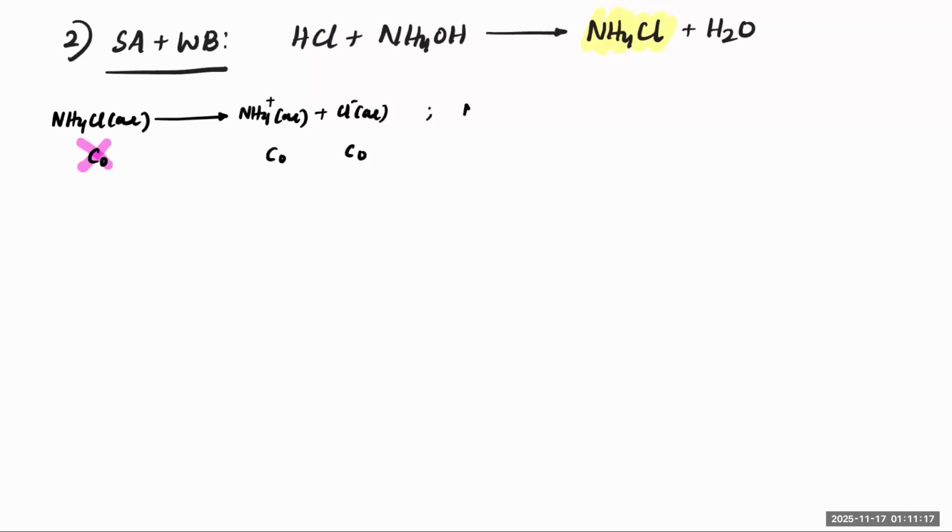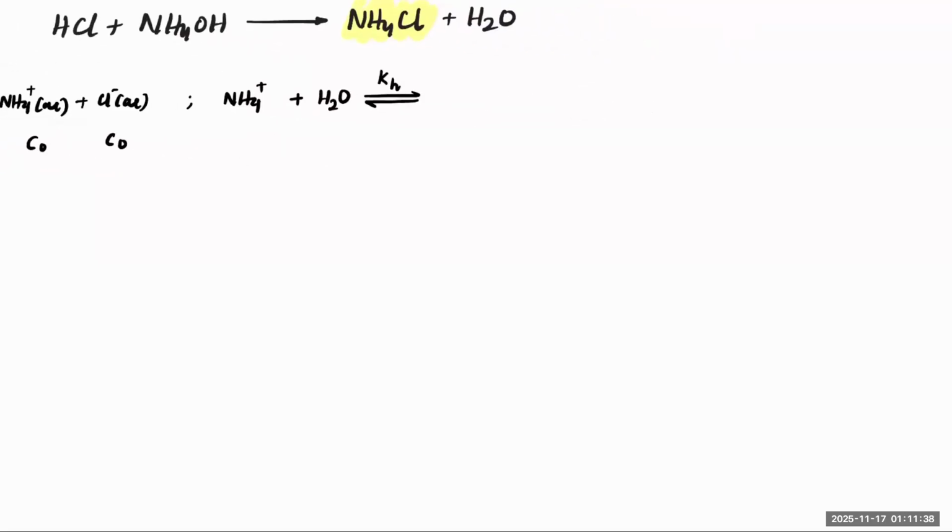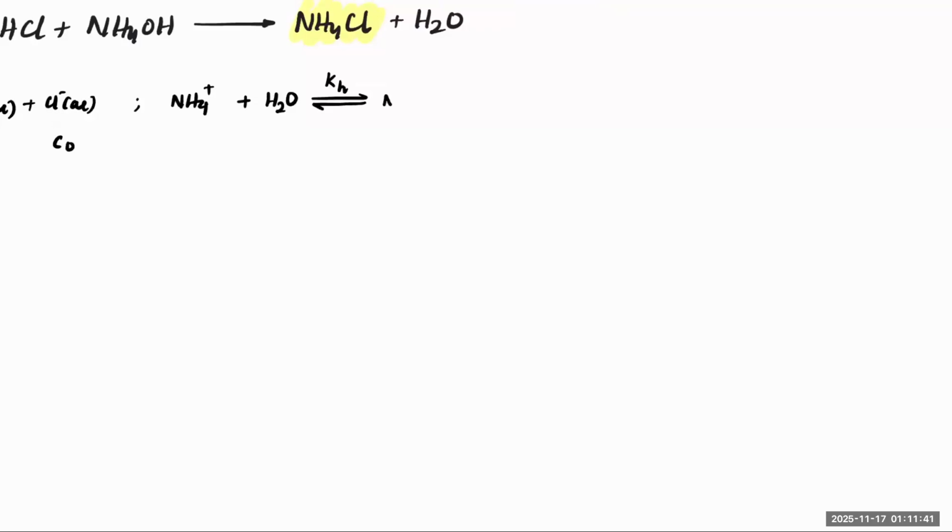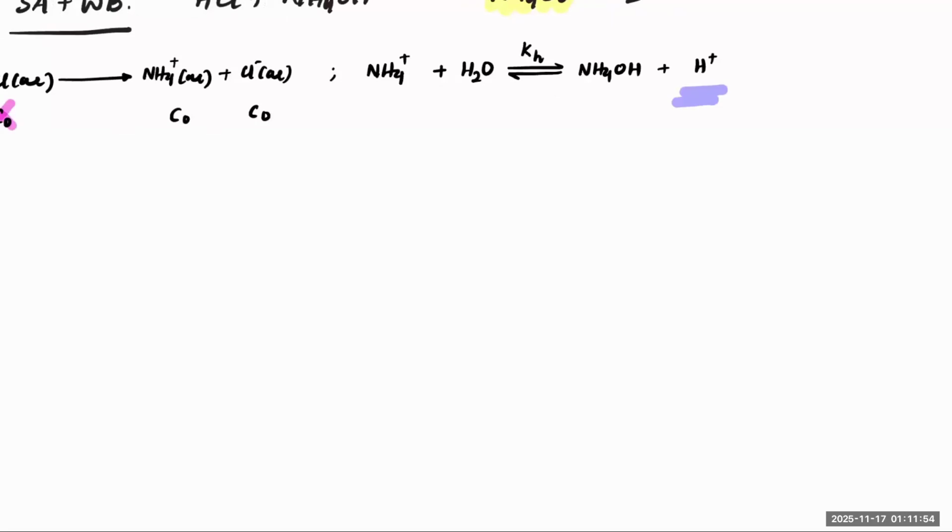And now the NH4 plus is a conjugate acid which is very strong relative to the other acids, and it will have enough strength to hydrolyze water, which means the next thing you need to write is how NH4 plus will interact with water, and the equilibrium constant for that is Kh. It would give you NH4OH plus H plus. That's how it is breaking the water molecule into OH minus and H plus. So it is holding that OH minus and releasing away that H plus ions.